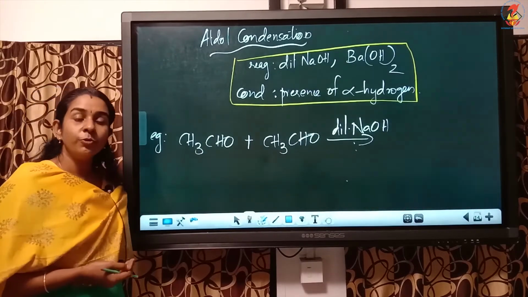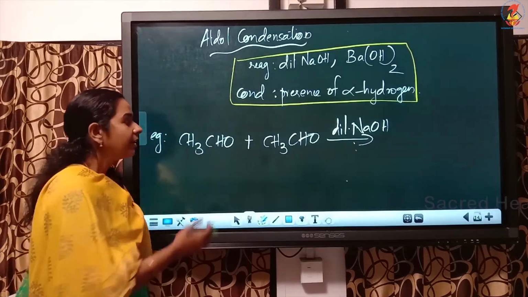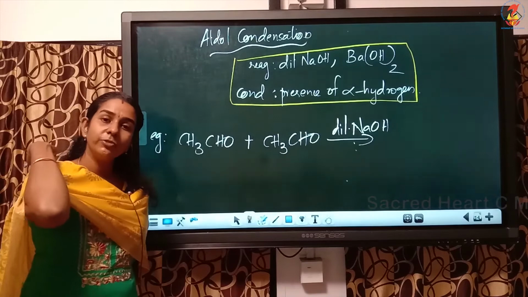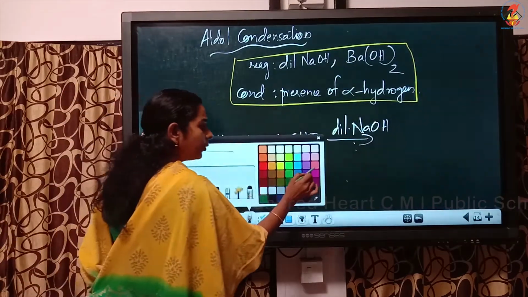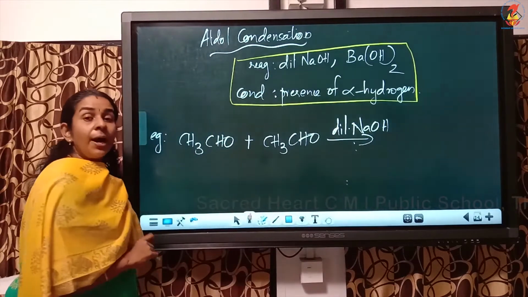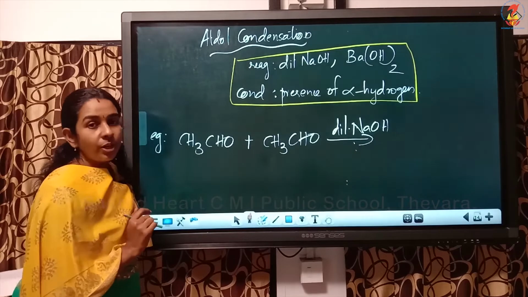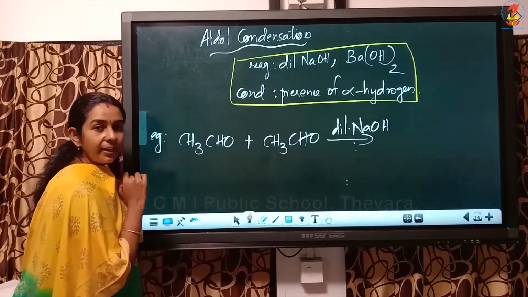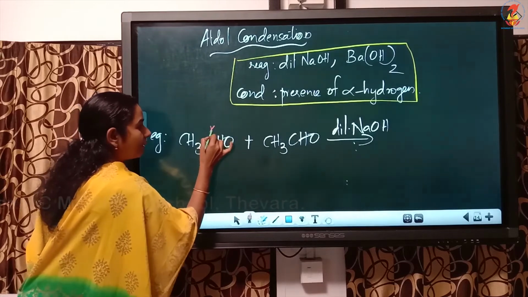Now, listen, what is the tip to write the aldol condensation product? We know that here we have to take 2 moles of reactants. Now how to write the product: mark the carbonyl carbon in the first molecule, which is the aldehyde or ketone carbon. So this is the carbonyl carbon.